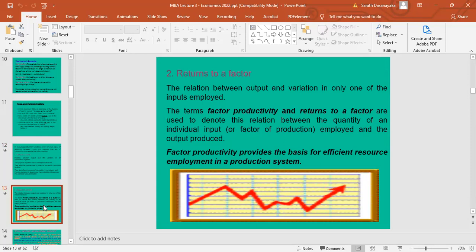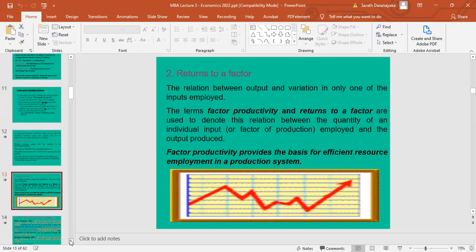Factor productivity provides the basis for efficient resource employment in a production system. Then you can identify this single factor, what it contributes, and how the factor productivity goes up over time. Therefore, returns to a factor may be very good for analyzing productivity research.